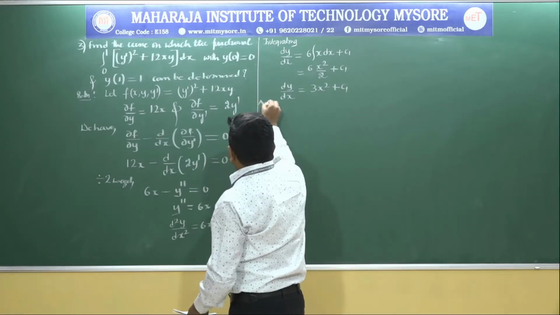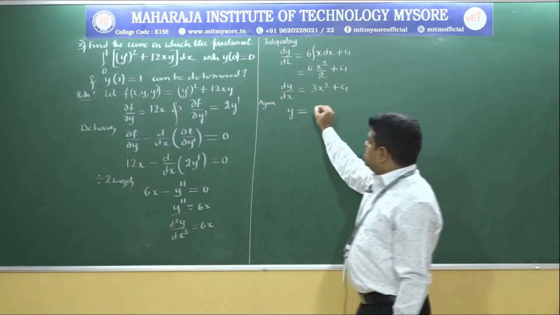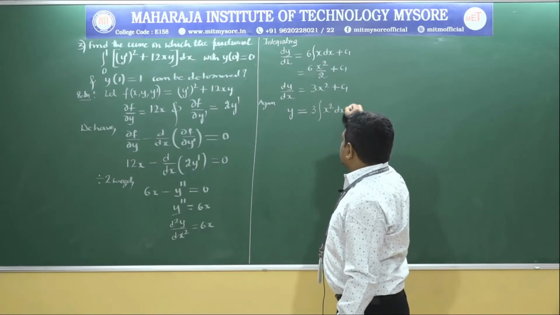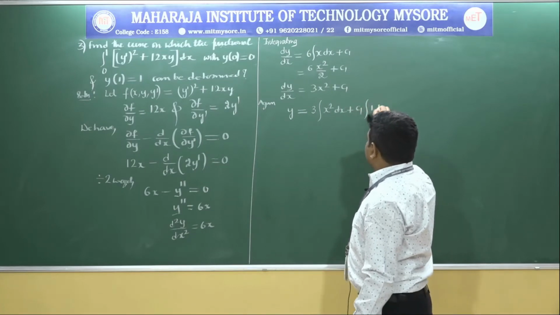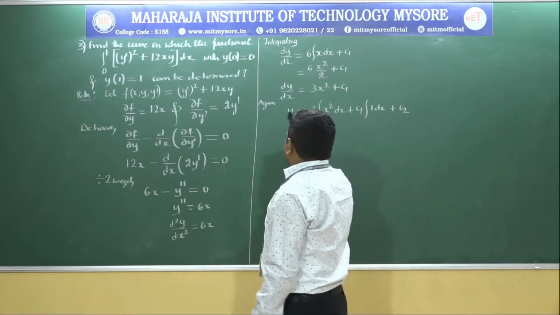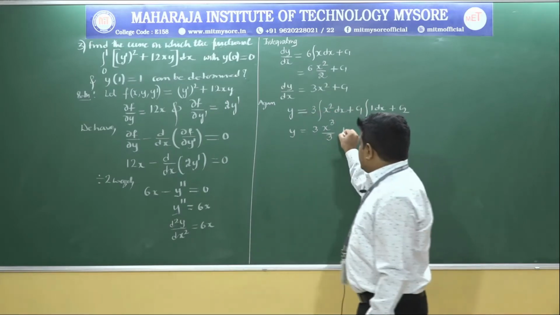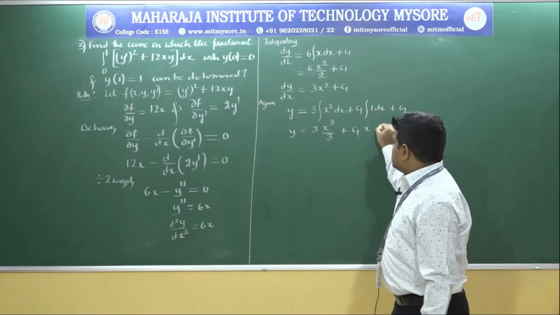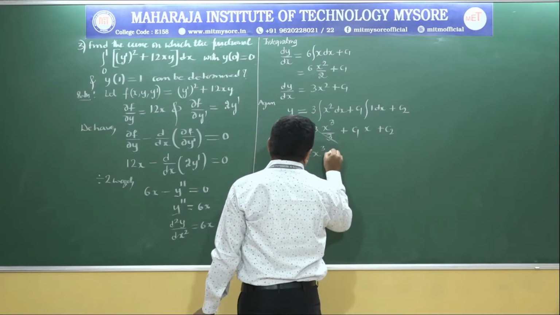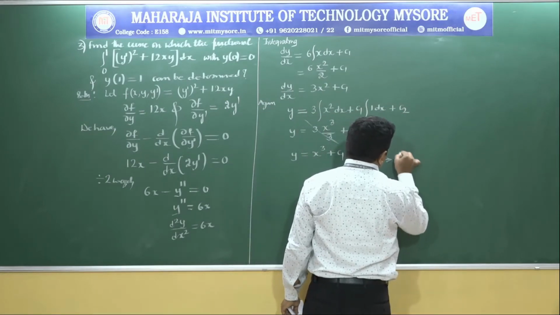Next, again integrating with respect to x, dy by dx becomes y, that is 3 is constant, x square into dx plus c1 into the integration of 1 into dx, plus another integration constant c2. You get y equals 3 into x cube by 3, plus c1 into x, plus c2. Here the 3 cancels, therefore y equals x cube plus c1x plus c2. Call this equation star.